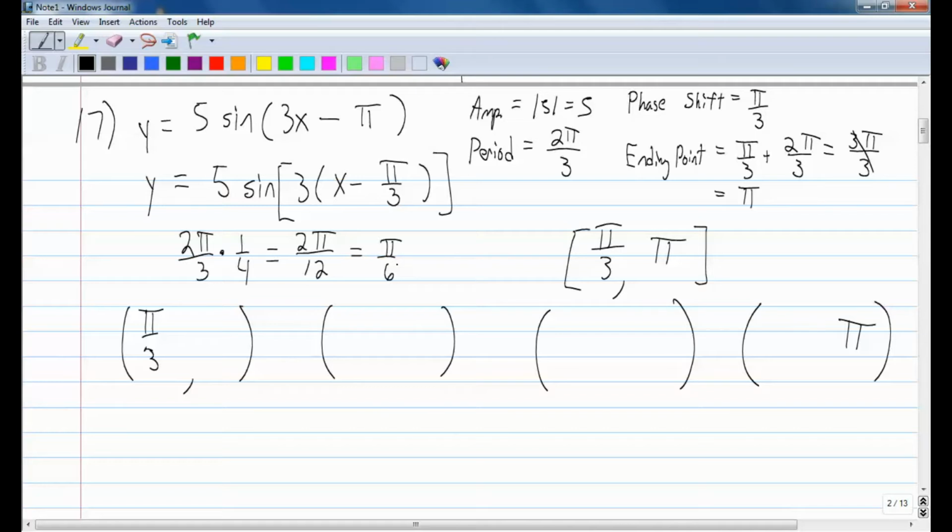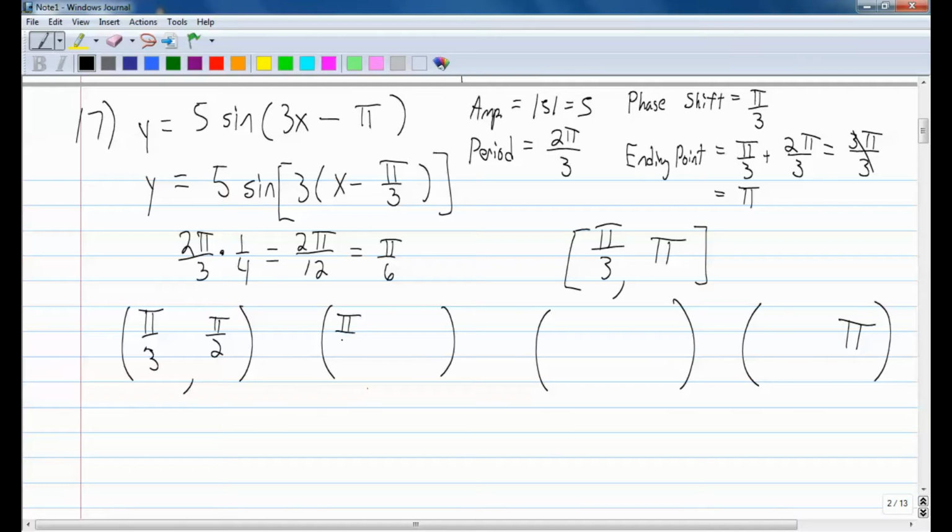So I could take pi over 6 and add that to pi over 3. That'll give me my next significant point. So if you need to get a common denominator, do all that with your fractions, do that, but pi over 6 plus pi over 3 is going to give you pi over 2.